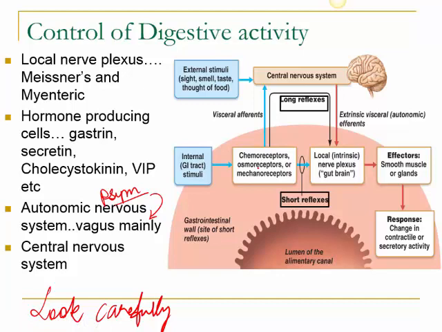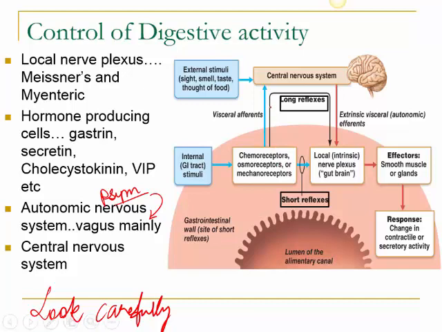If there is too much salt in it, it will be hypertonic. If the food is very dilute, that may be hypotonic. Or mechanoreceptors, which respond just to stretch. For example, you eat food, your stomach will be stretched, and that will stimulate the mechanoreceptors.